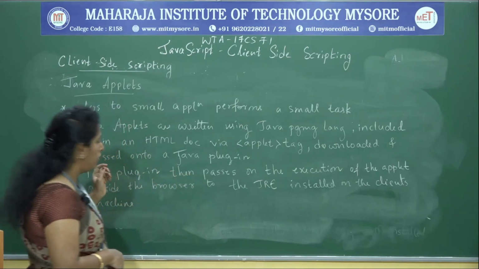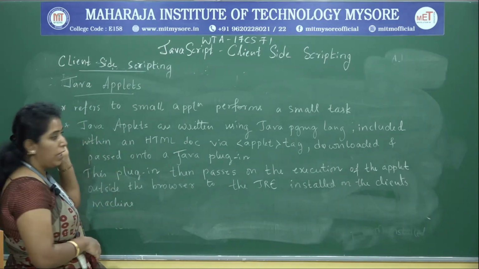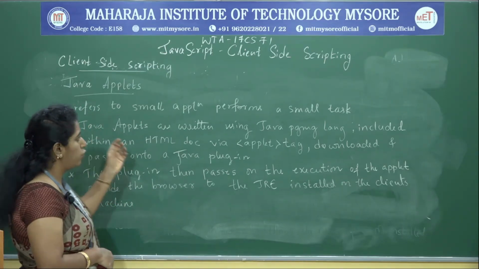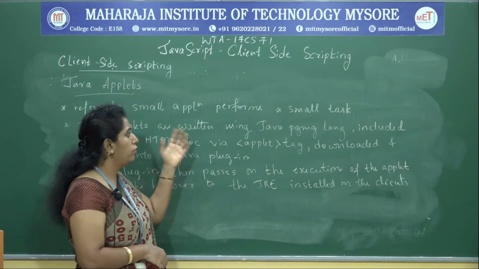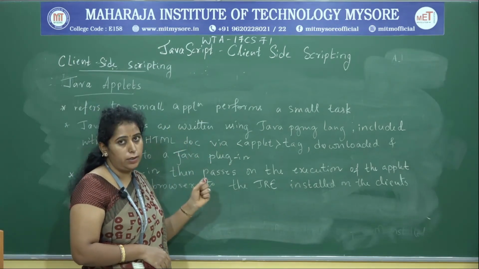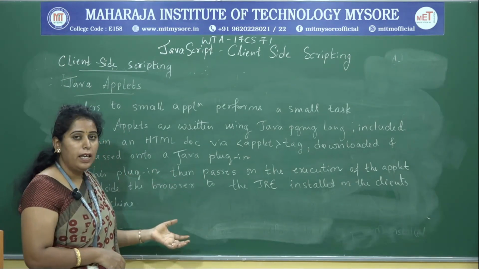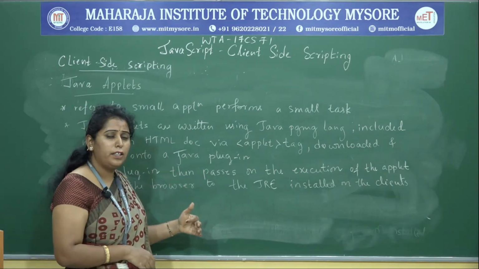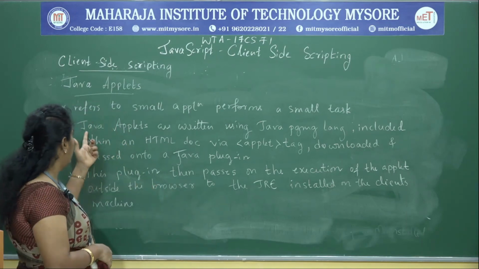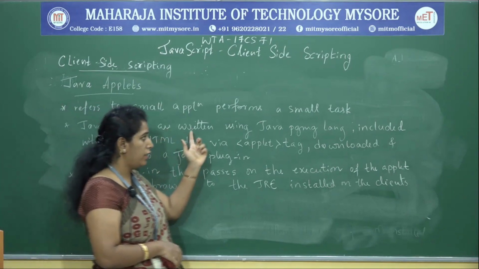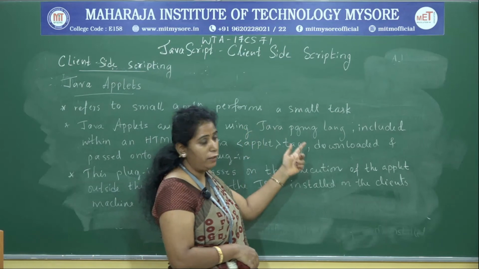Next is about Java applets. A Java applet is a small application which performs a small task. Next is how a Java applet is embedded in an HTML document. Java applets are written using the Java programming language.